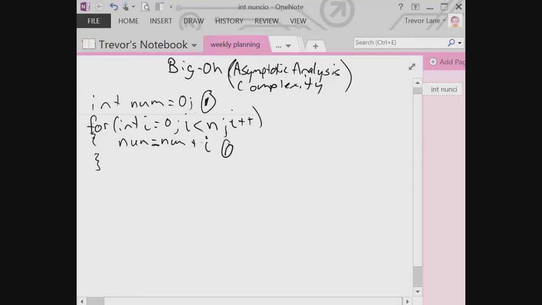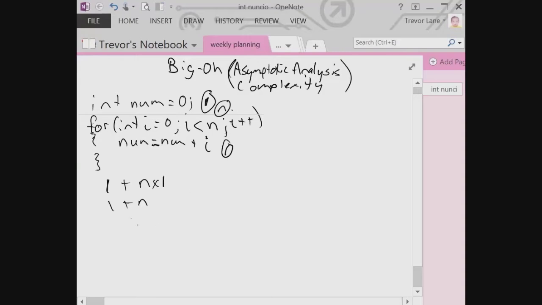Every iteration of the loop, it's comparing to check to see if i is still less than n. Well, the question is, how many times is it going to do that? It's going to do it n times. So what we have here is a value of 1 plus n comparisons, and for each comparison we have another operation. So we really have n times 1. So what we have is 1 plus n.